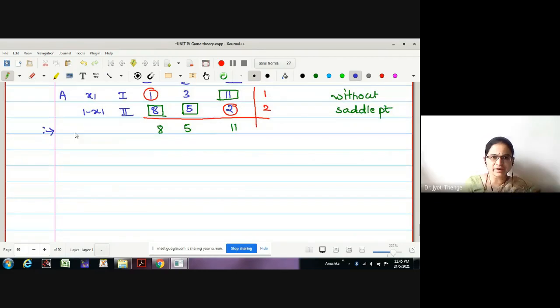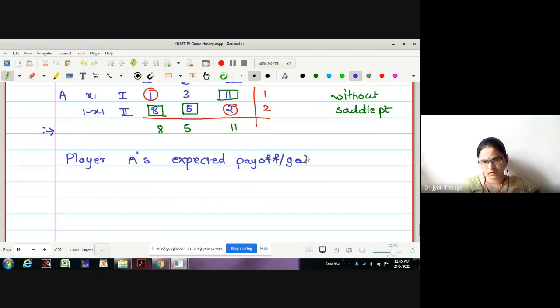Therefore, first what I will do, I will find out the player A's expected payoff or gain. What is the expected gain or payoff?